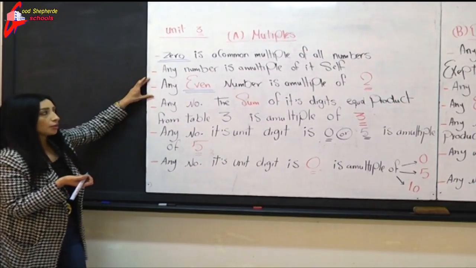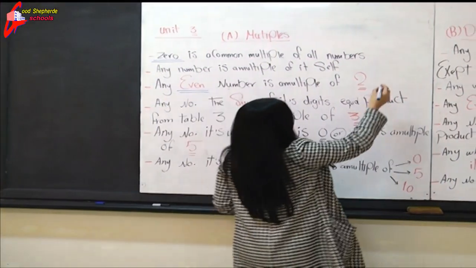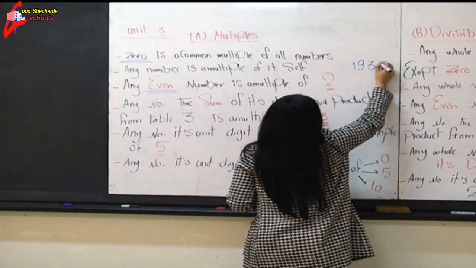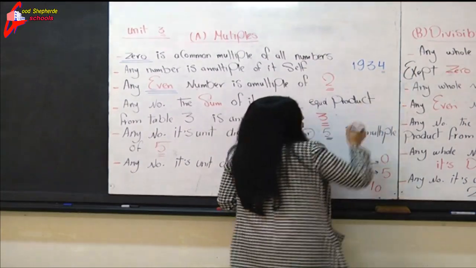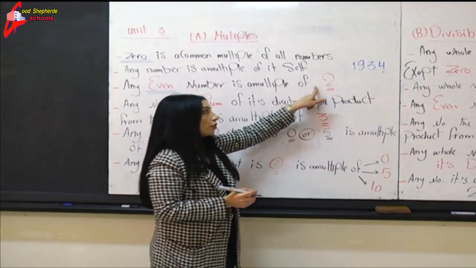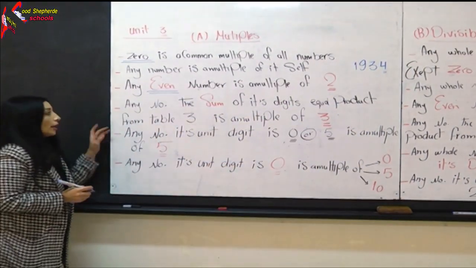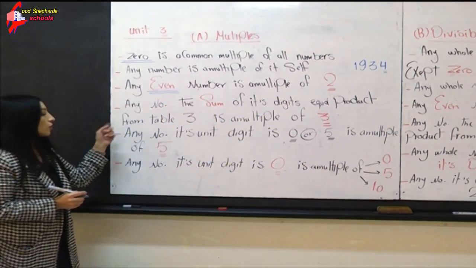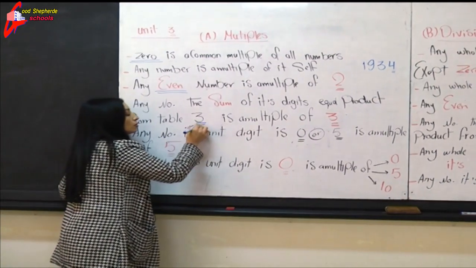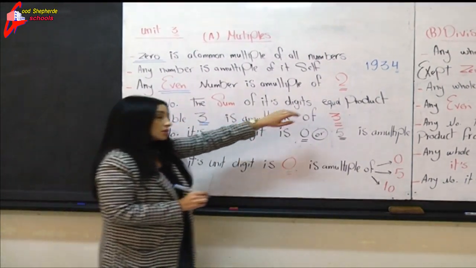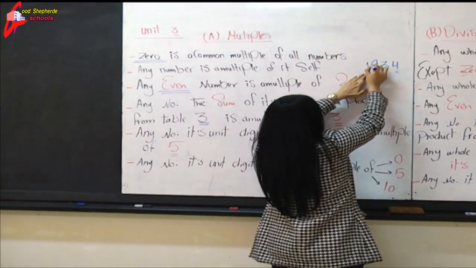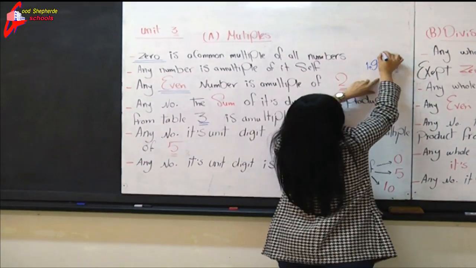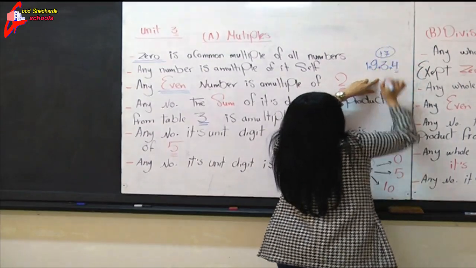Any even number is a multiple of 2, like this number 1934. Its unit digit is even, so it is a multiple of 2. Any number whose sum of digits equals a product from table 3 is a multiple of 3. Let's try with this number: 1 plus 9 is 10, plus 3 is 13, plus 4 is 17.